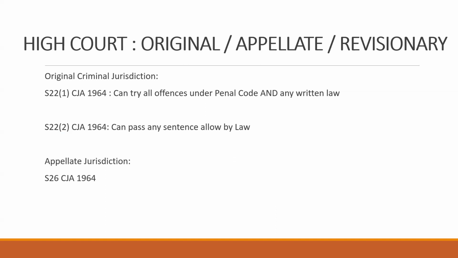Somehow in Malaysia, it looks like standard practice that the PP will transfer so-called high-profile cases, especially involving politicians, to High Court as the court of first instance, because justice must be seen to have been served.